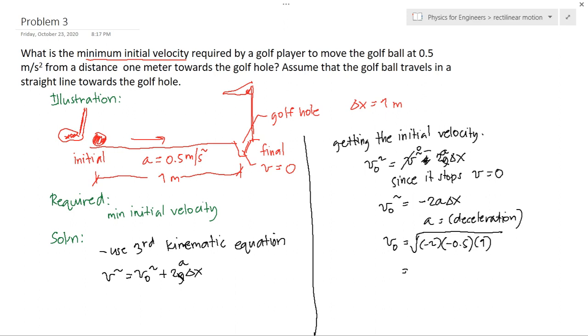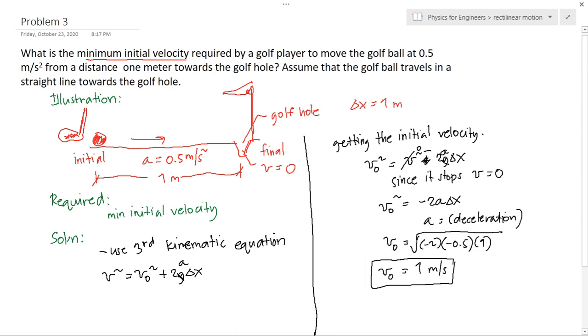So we have an initial velocity of 1 meter per second. So put here 1 meter per second. So this is the minimum initial velocity required for this problem.